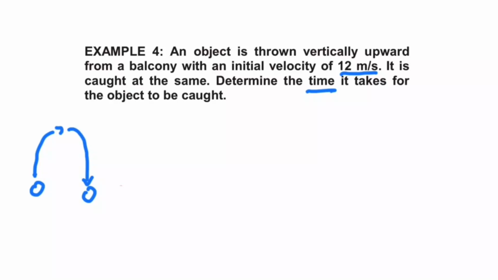In order for us to be able to answer this question, there are 2 concepts I need to introduce you to. One concept is that the time it takes for an object to reach its maximum height is the same time it takes for the object to come from maximum height to the starting position. So what am I saying?